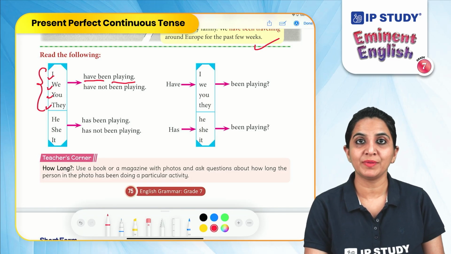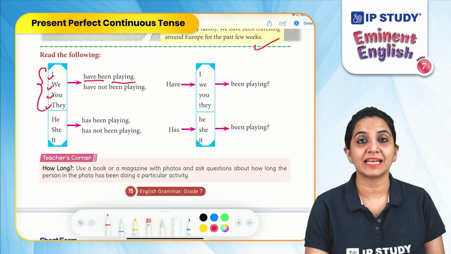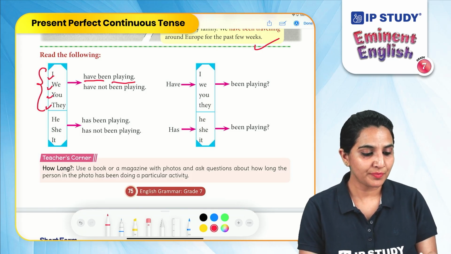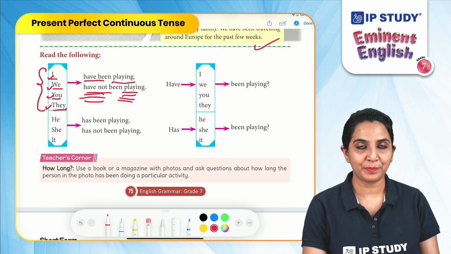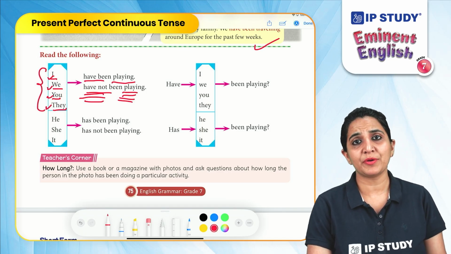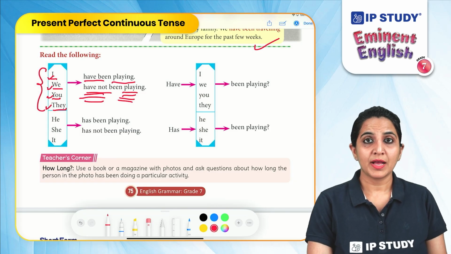Similarly, we will form the negative sentences by adding have not been to the subjects and adding the ing form of the verb. So, I have not been playing, we have not been playing, you have not been playing, they have not been playing.